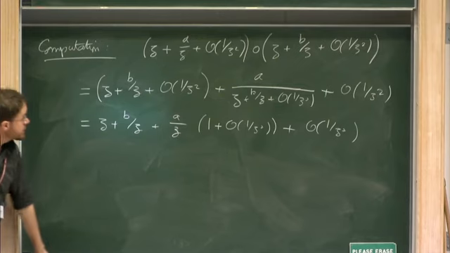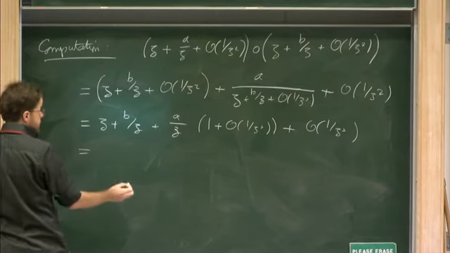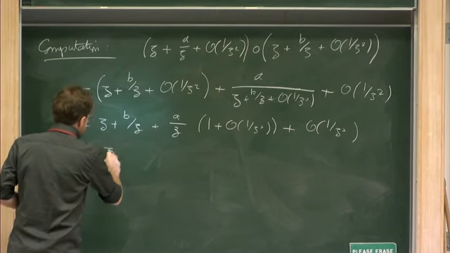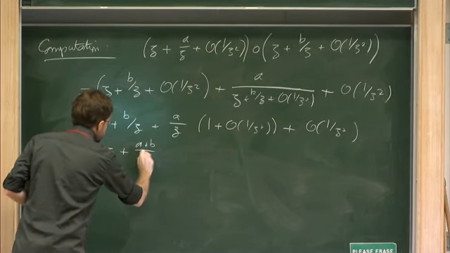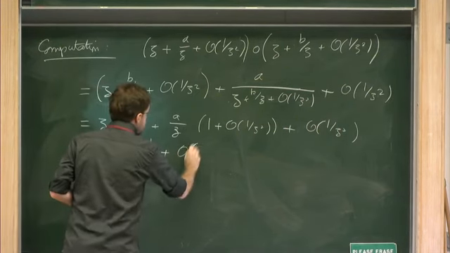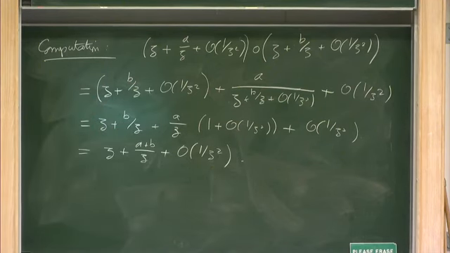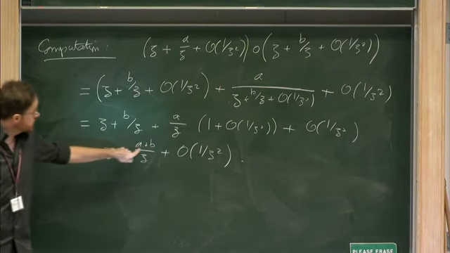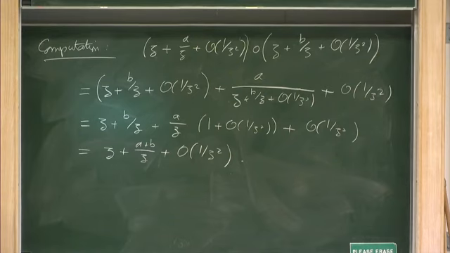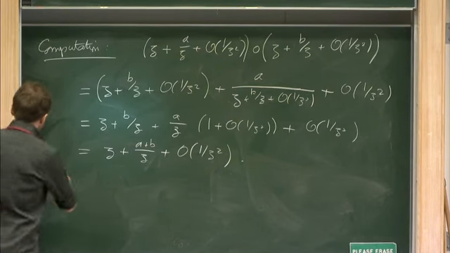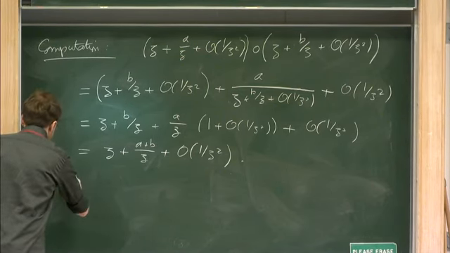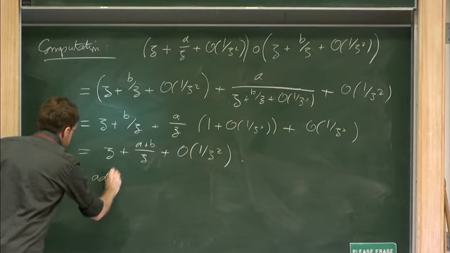Putting everything together, this is z plus a plus b over z plus big O of 1 over z squared. So far this is just a computation, but it tells us that the capacity is additive under composition of conformal maps.